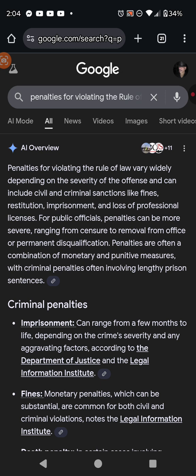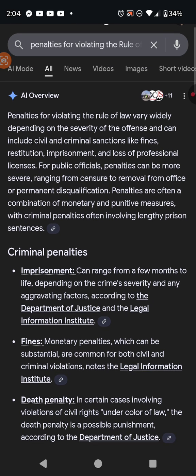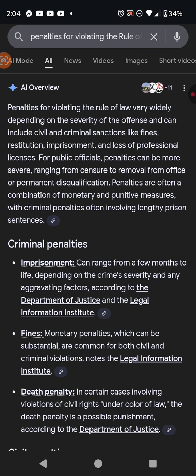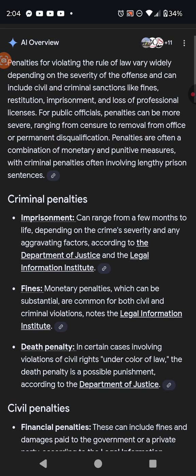Penalties for violating the rule of law vary widely depending on the severity of the offense. They include civil and criminal sanctions like fines, restitution, imprisonment, and loss of professional license for public officials. Penalties can be more severe, ranging from censure to removal from office and permanent disqualification.